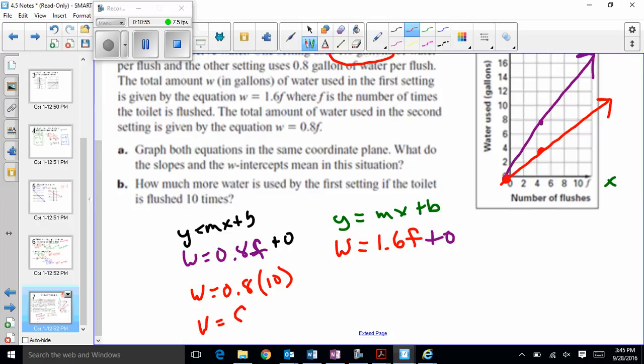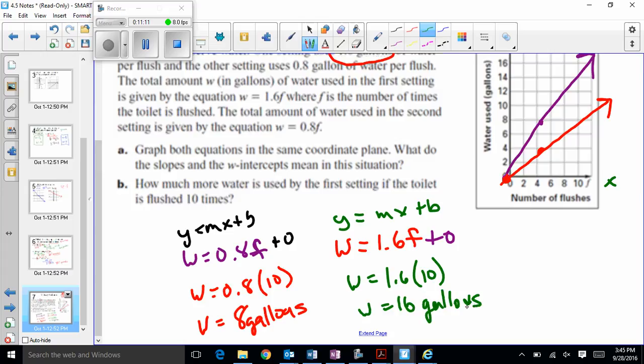So that's going to be 8 gallons. And then on the other side, I'm going to do 1.6 times 10. That gives me the amount of water. So that's going to be 16 gallons and 10 flushes. So 16 minus 8, it gives us 8 more gallons are used.